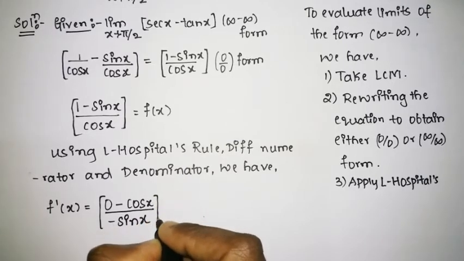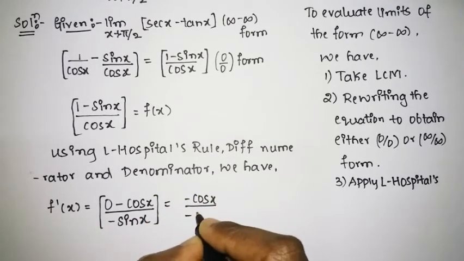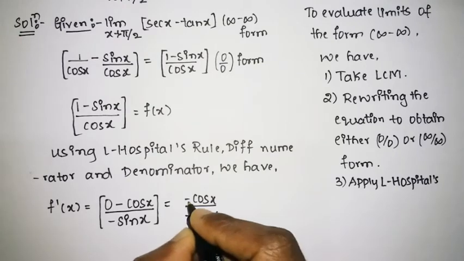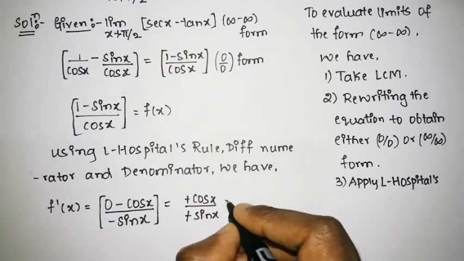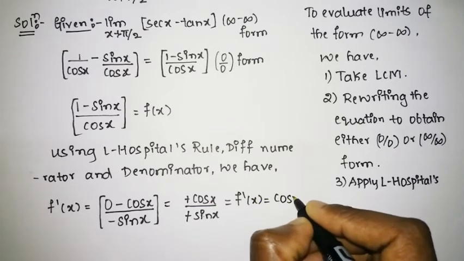So we have obtained f dash of x, which is minus cos x divided by minus sin x. Here both the minus signs get cancelled, so the remaining is f dash of x equal to cos x divided by sin x.